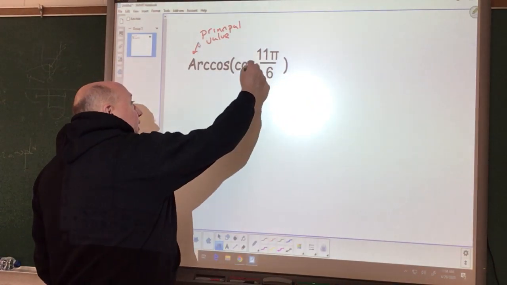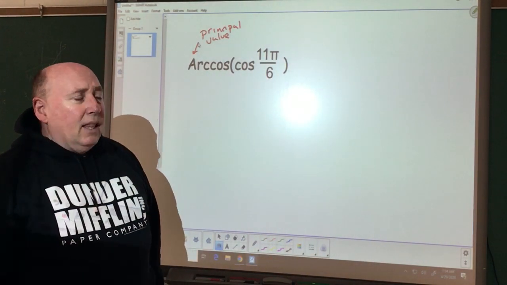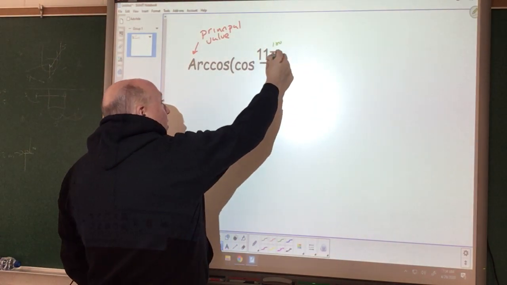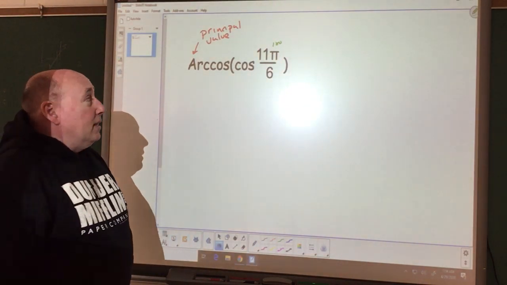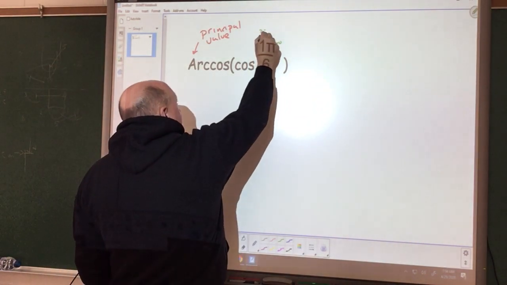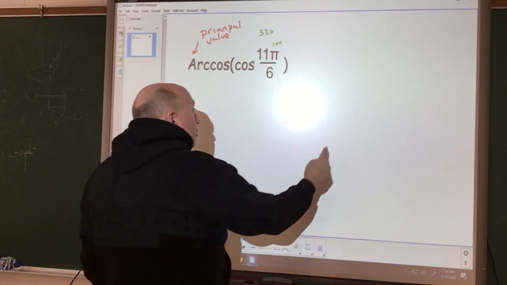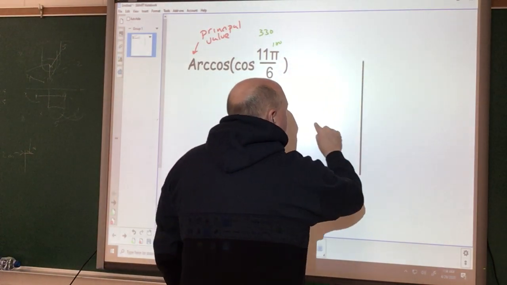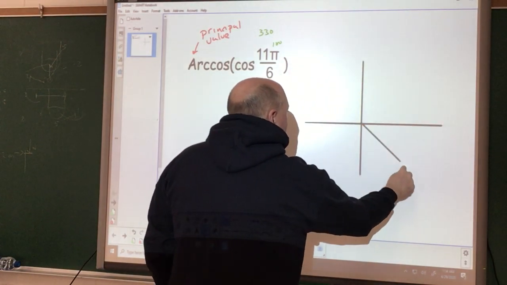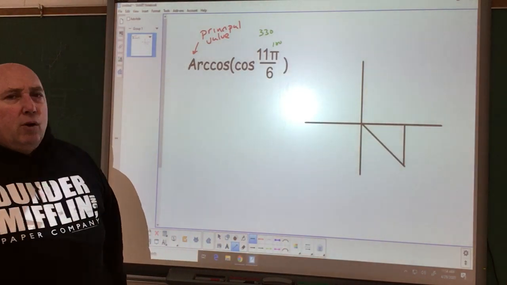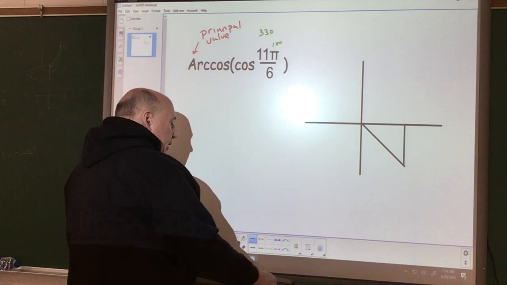First off, let's take a look at 11 pi over 6. If I put 180 in there and multiply this out, this is 330 degrees. So we go to our triangle for 330 degrees.